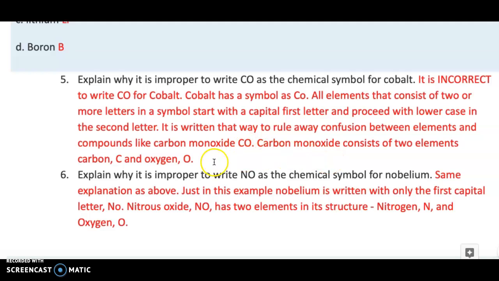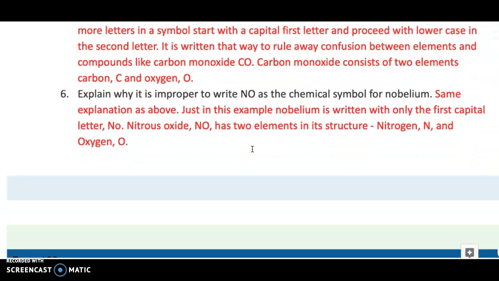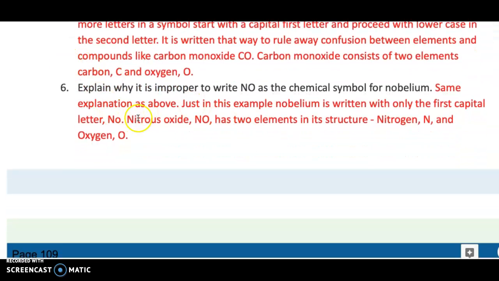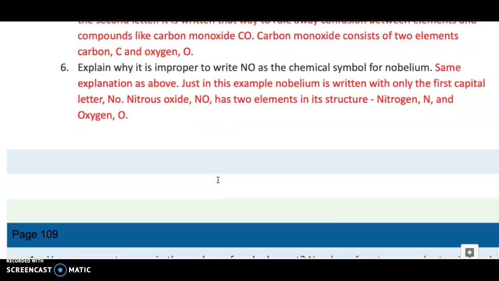Carbon monoxide consists of two different elements. It's carbon and oxygen. Absolutely the same problem with nitrous oxide, NO. So it consists of nitrogen and oxygen. Therefore, it has two different elements and it's not one element.